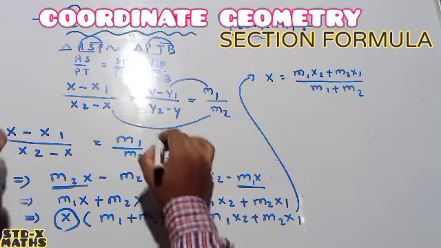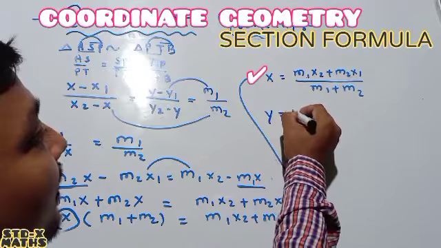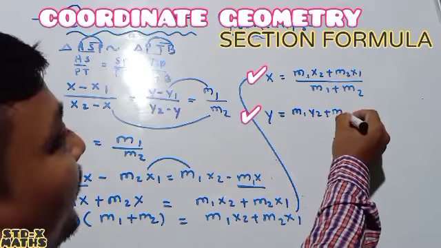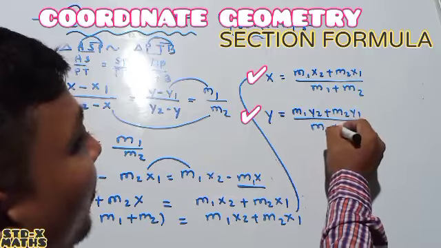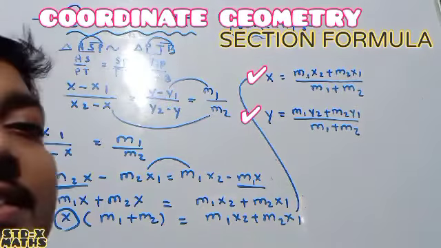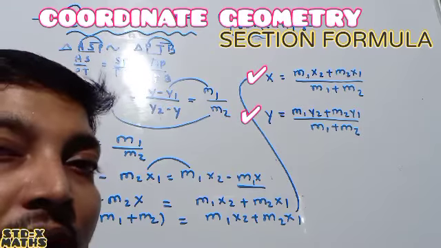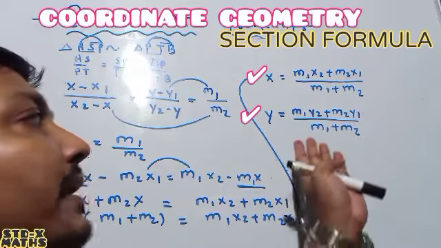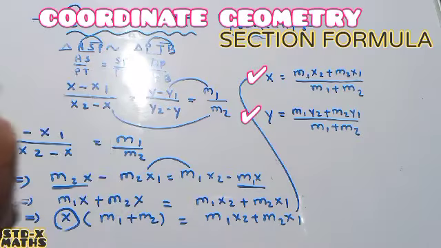In the same way, if you compare the other two, you will find y is equal to M1 y2 plus M2 y1 divided by M1 plus M2. Understood the derivation of the section formula? The section formula gives a point which divides the line segment in the ratio of M1 and M2.